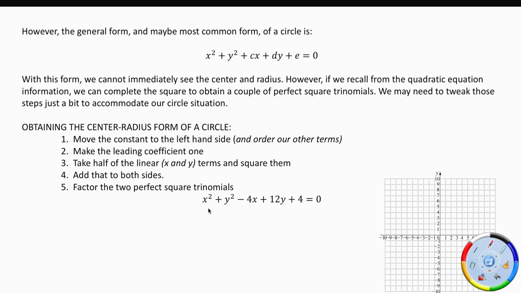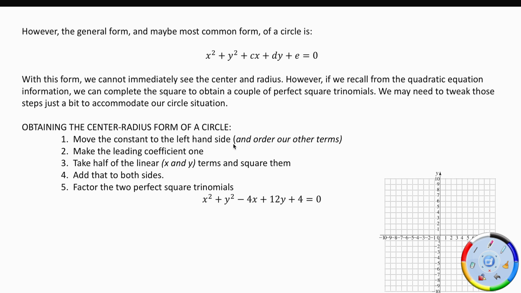With this form, we can't immediately see the center and radius. However, if we recall from the quadratic equation information, we can complete the square to obtain, in this case, a couple of perfect square trinomials. We may need to tweak those steps just a bit to accommodate the circle situation.